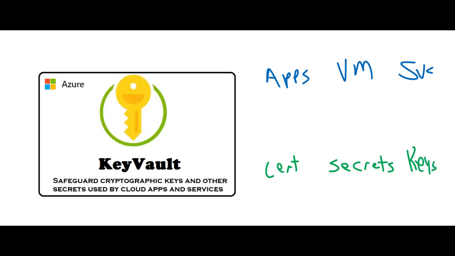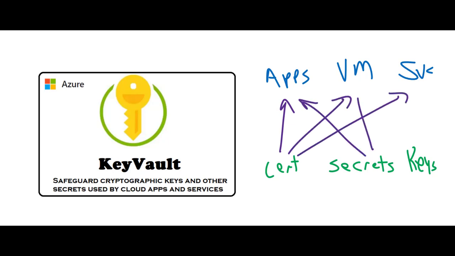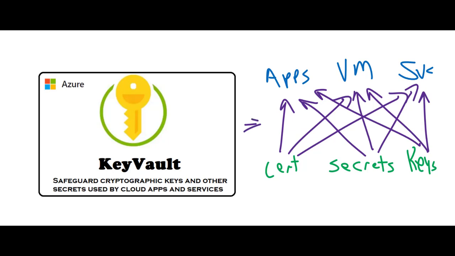I want to ideally connect these together. Isn't that the case? But do I really want to remember secrets and keys and associated with which VM and which applications and which services? That gets to be a bit of a mess, as you can see. Isn't that the case?